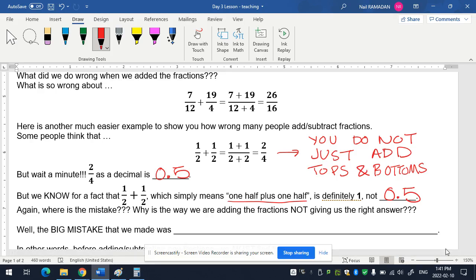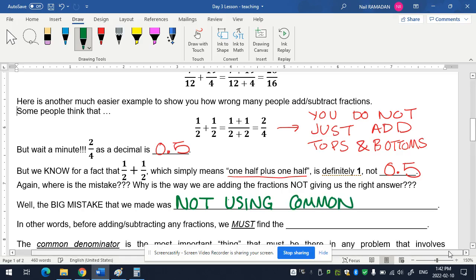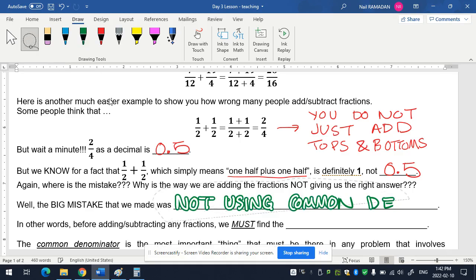The big mistake was, I'm going to do this in green, not using common denominator. This is a long word, so maybe I should squeeze. Give me 1 second to squeeze. There we go. I have enough space now.